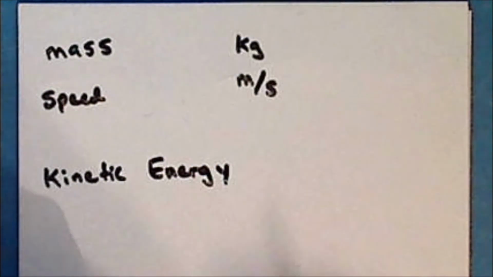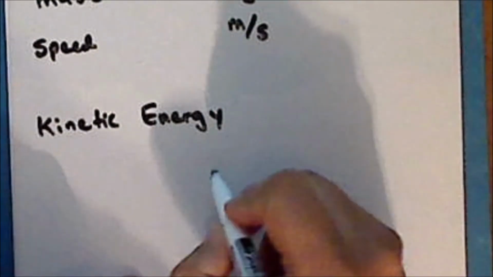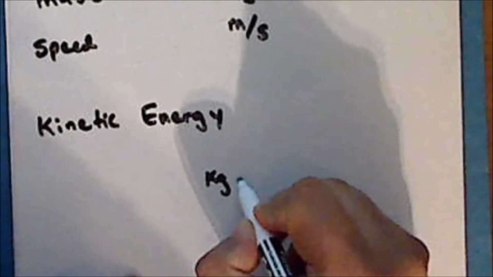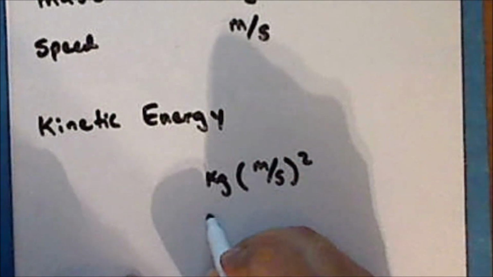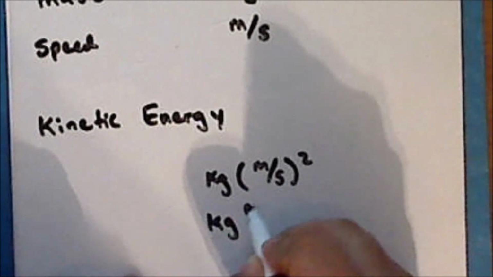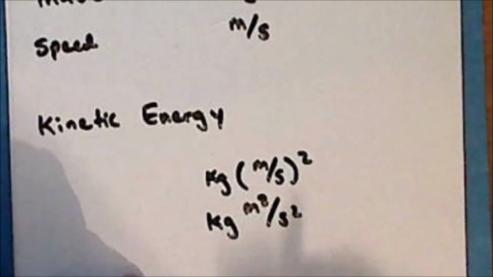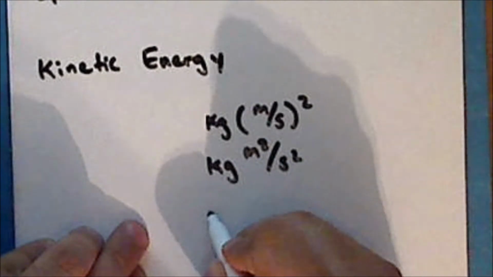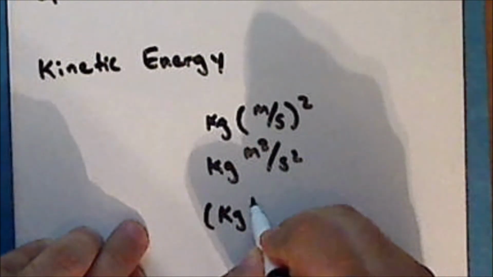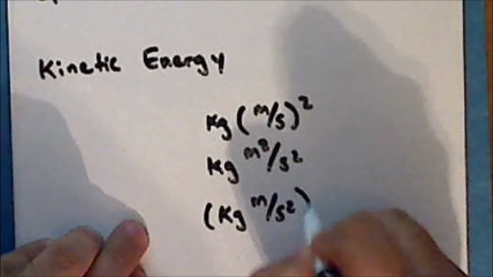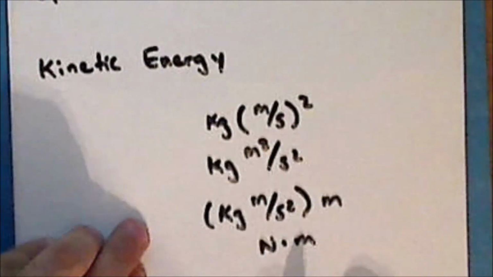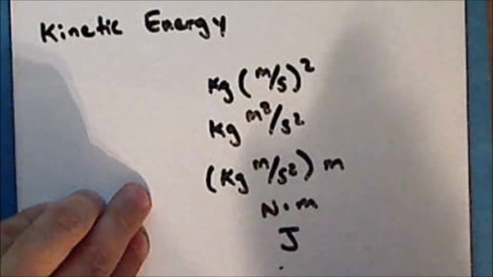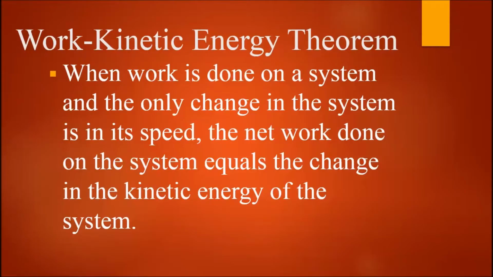And so the standard unit for kinetic energy is a kilogram times the quantity, meter per second, squared, which gives us a kilogram times a meter squared per second squared. This is the same as a kilogram meter per second squared times a meter, which is a newton meter, which is a joule.